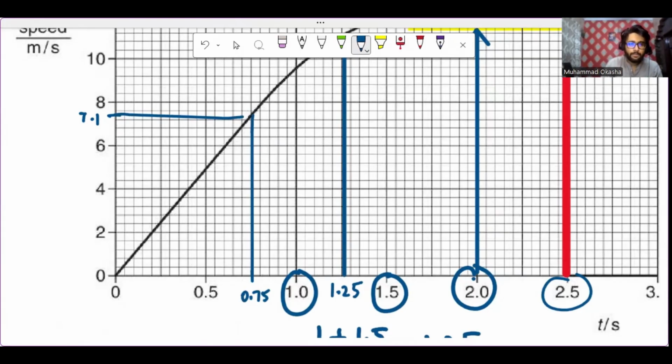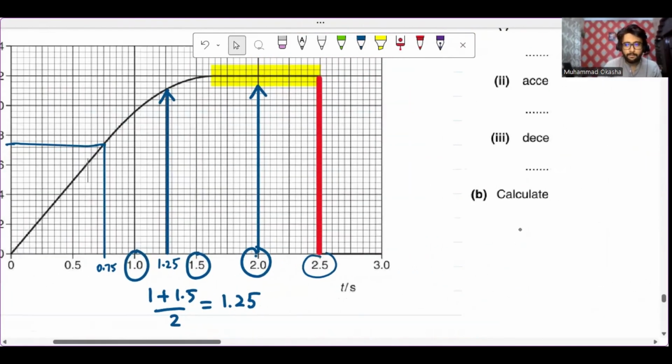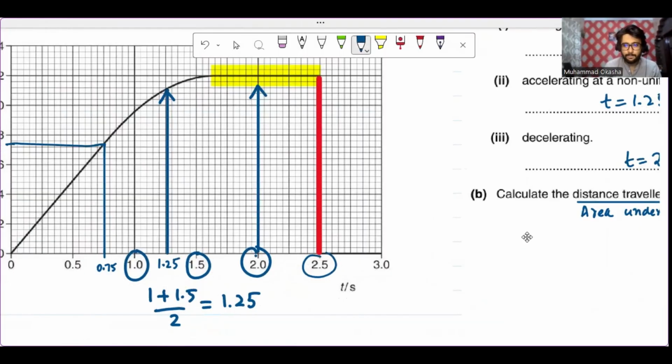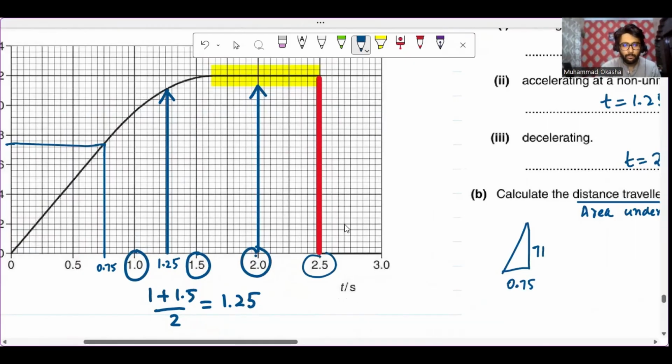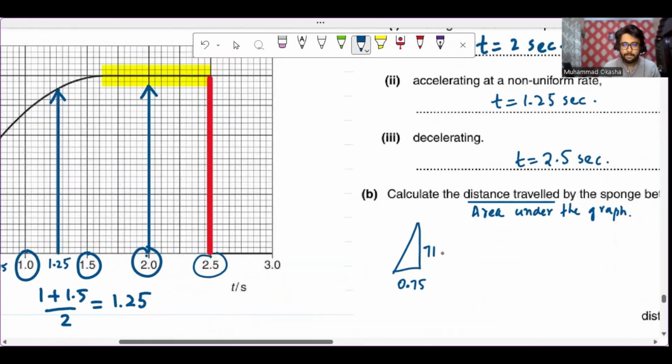So this is a triangle with a base of 0.75 and a height of 7.1. You should be able to read the graph.